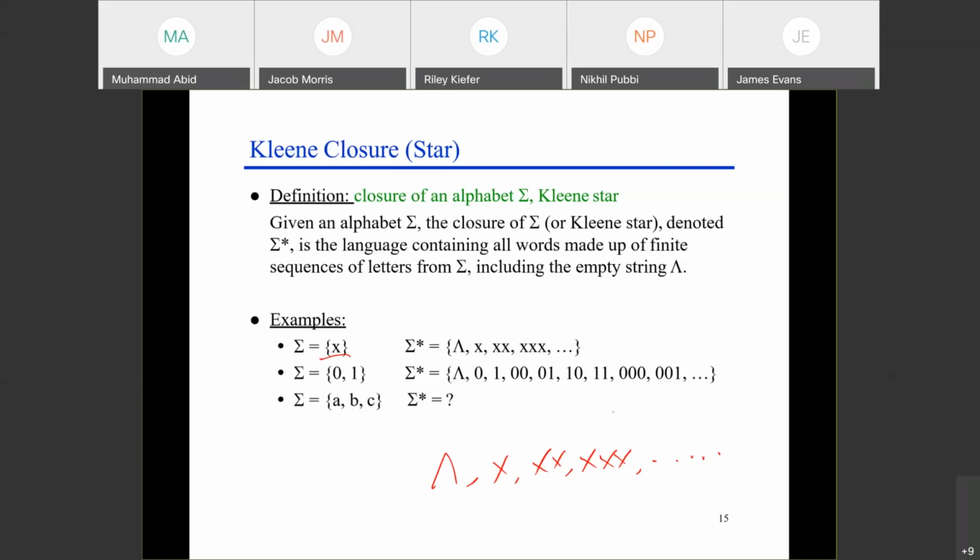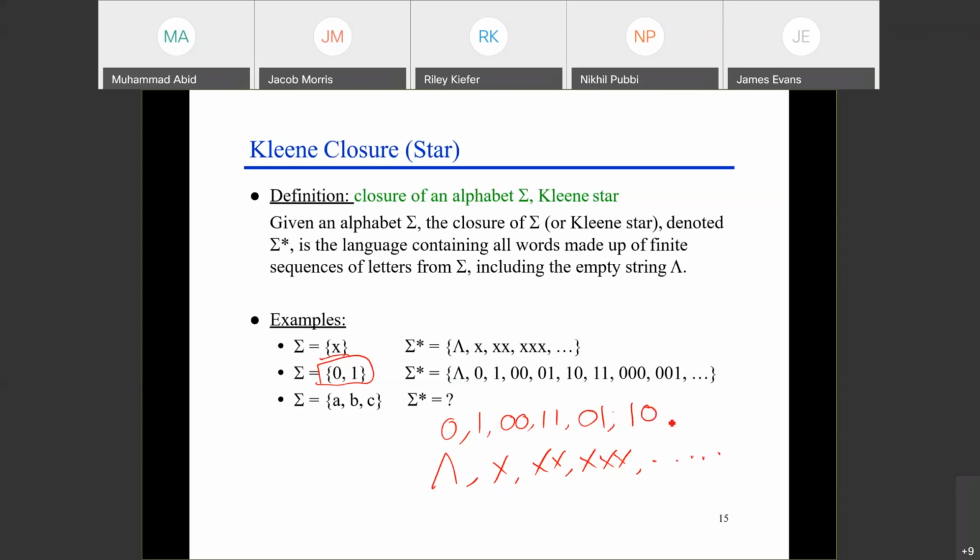Let's see this in another example. You have 0 1 as sigma. If you want to find the Kleene star, all possible combinations of these letters, what are the possibilities? You might have 0, you might have 1, you might have 0 0, a combination with itself, 1 1, and combinations with each other. 0 1 is another; order matters here, so 0 1 and 1 0 are two different words.